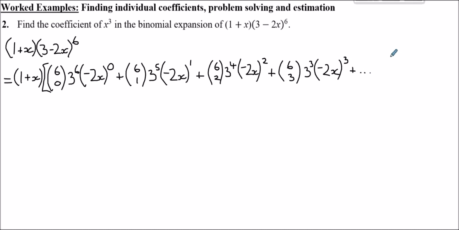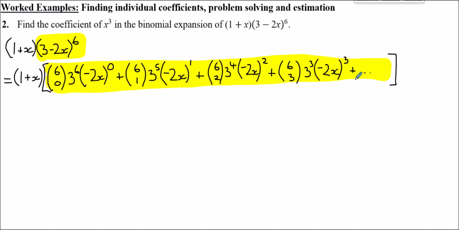So why would I not bother continuing? Well, let's just think about this. We only want to consider the coefficient of x cubed. So we're going to multiply this whole thing here, which is the (3 - 2x)^6, by the bracket which is coming before it, which you can see as this 1 plus x. But we don't care about anything apart from the x cubed terms.